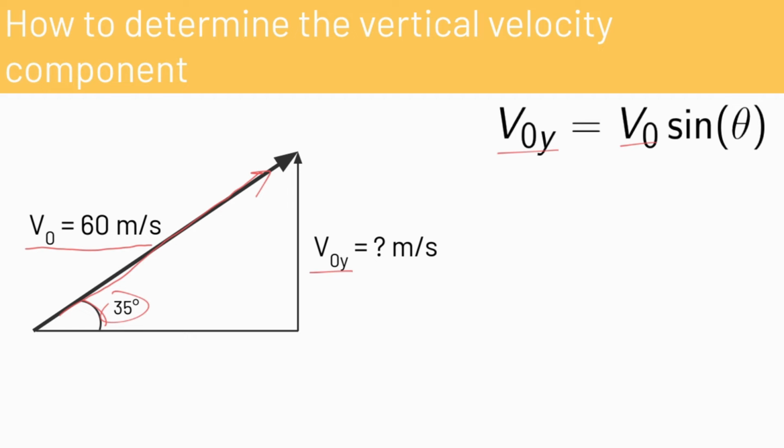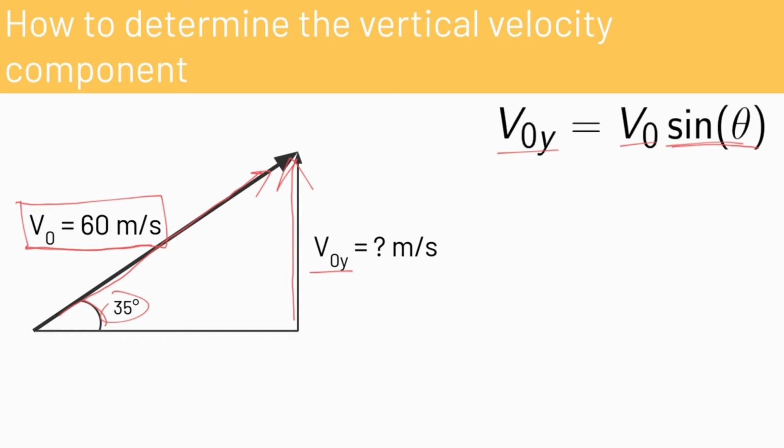V naught is the original composite velocity, and then sine of theta is going to give us the part of the composite velocity that is just in the vertical direction. So notice that our vertical component of the velocity in combination with the composite velocity makes a right triangle, which is why we're able to use the sine function here.